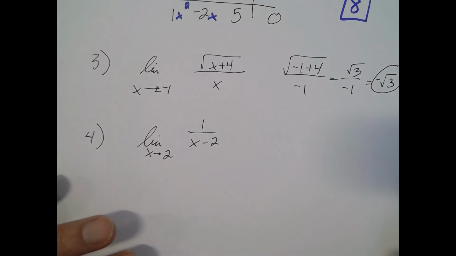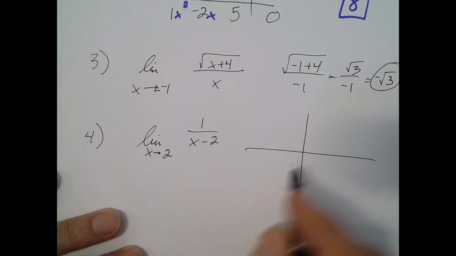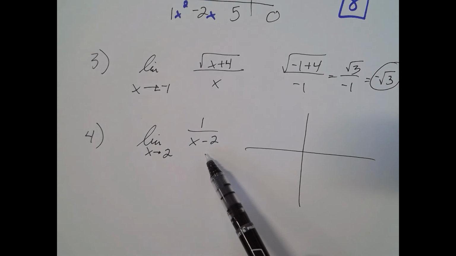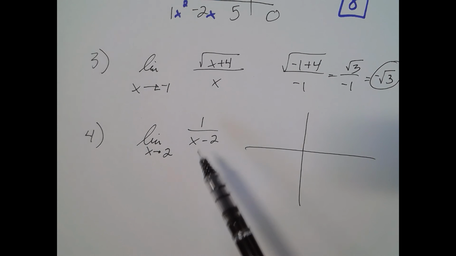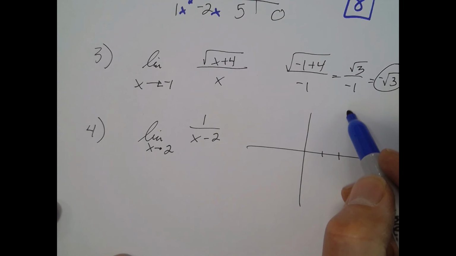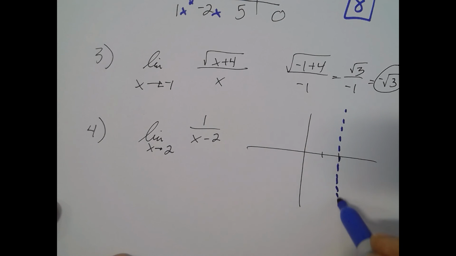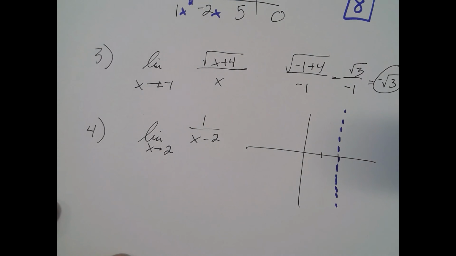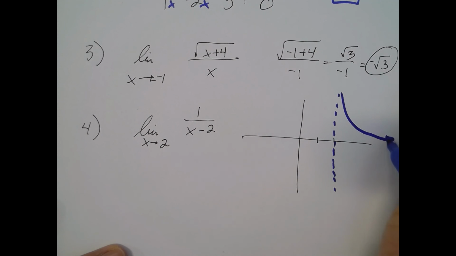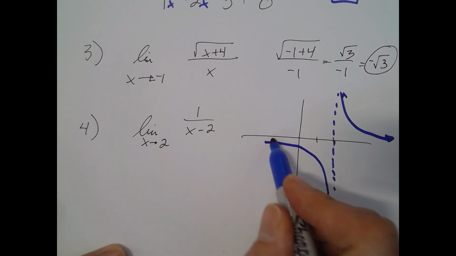All right, so before I make a graph here, can somebody tell me what the domain of this function is? All reals except for what? Except for 2. Very good. So at 2, what do we have? A vertical asymptote. So it kind of looks like this, and this one kind of goes like that.